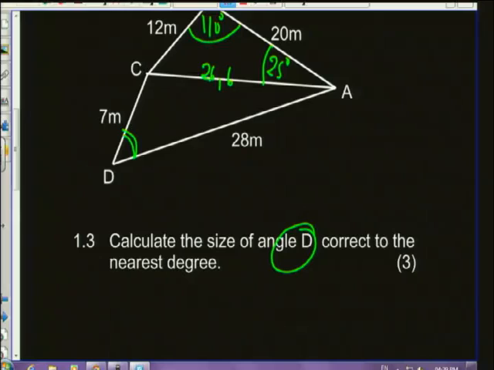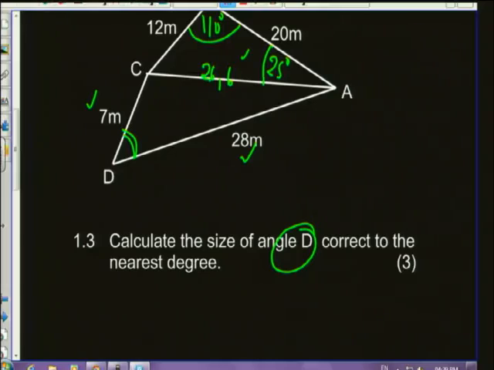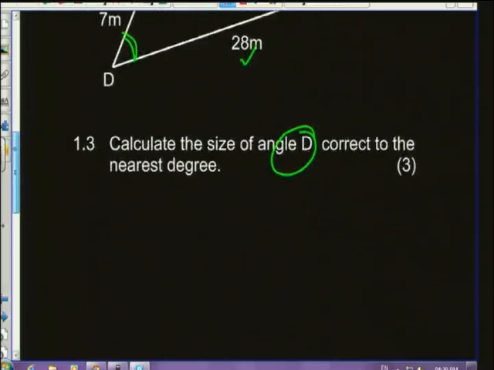Now, what do I have in this triangle? I know that if I have a side, and a side, and I'm looking for the included angle, that will be our cosine rule.